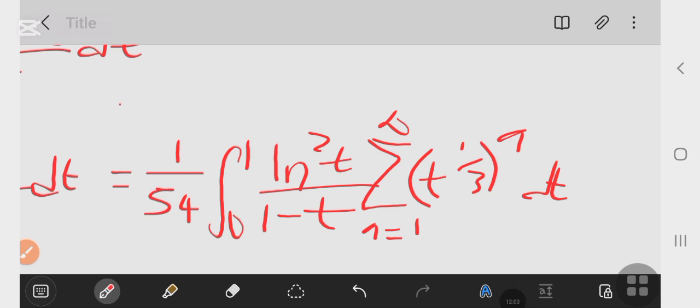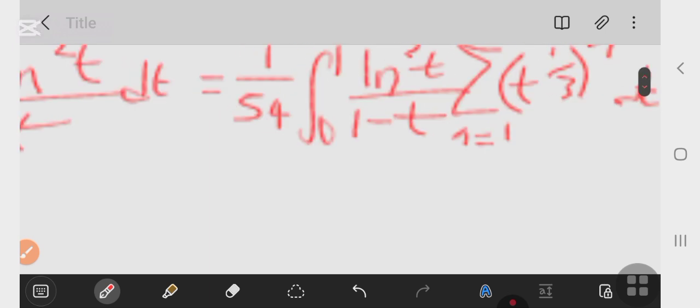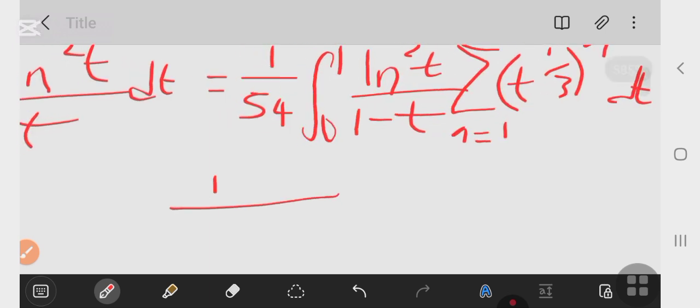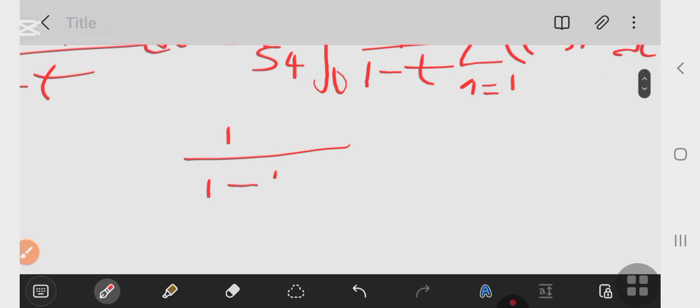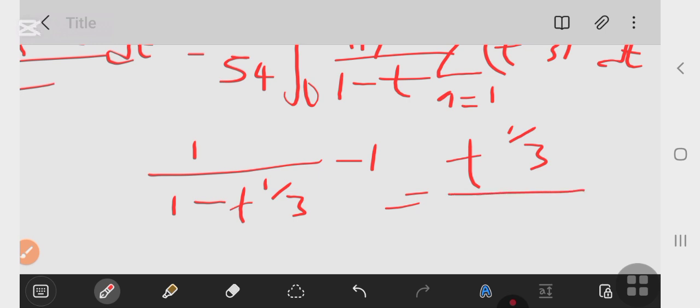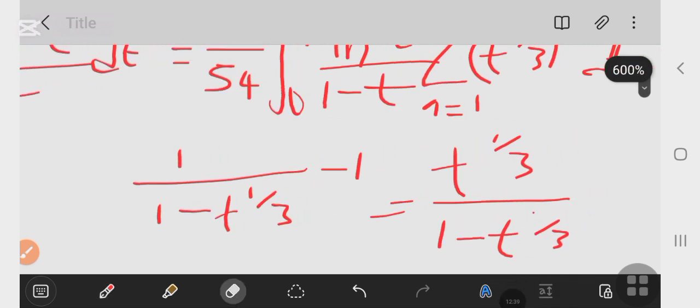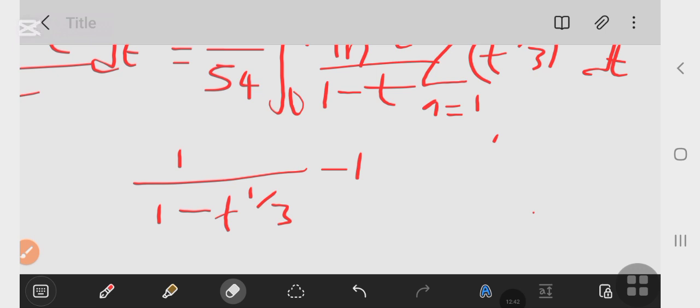Okay, so from here, remember what I said earlier in the first part of this tutorial, that when this sum starts from 1, it is going to be 1 over 1 minus t raised to the power 1 over 3, minus 1, which is the same as t raised to the power 1 over 3 all over 1 minus t raised to the power 1 over 3. Or rather, instead of writing this, I'll just leave it this way.